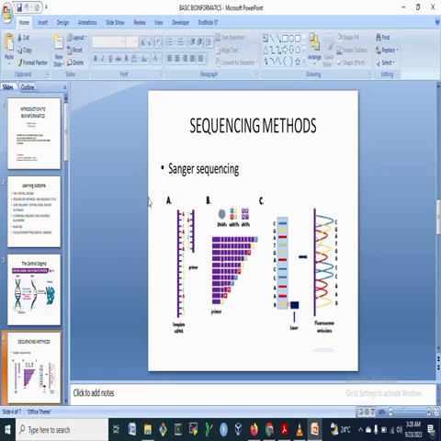One of the traditional sequencing methods is Sanger sequencing, also called dideoxynucleotide sequencing.